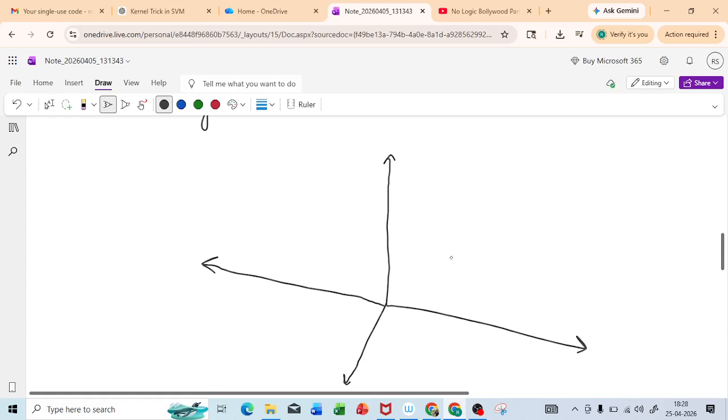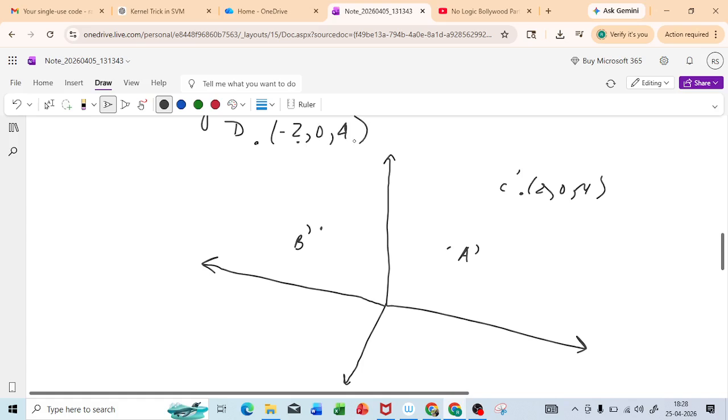Our first point was over here, (1, 0, 1). The second point is (-1, 0, 1), right? So this is A dash, this is B dash. Now C dash is (2, 0, 4). Let me even write this. And this point becomes (-2, 0, 4).